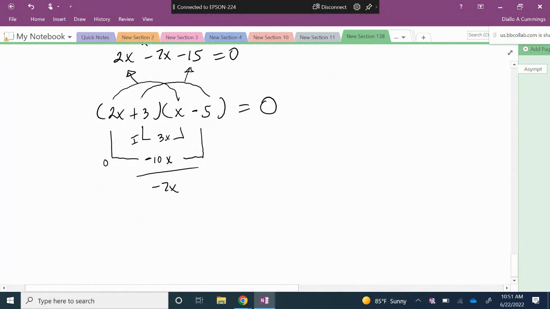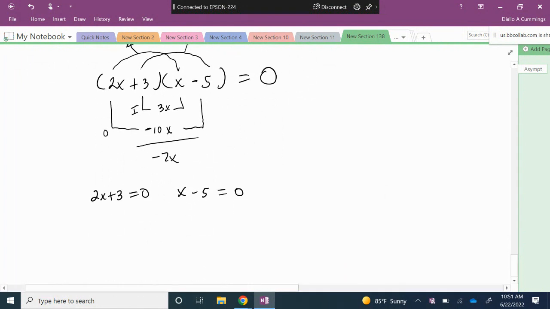So now I'm going to use the zero factor property. I'm going to take every factor and set it equal to 0. So I take 2x plus 3 equal to 0 and x minus 5 equal to 0.